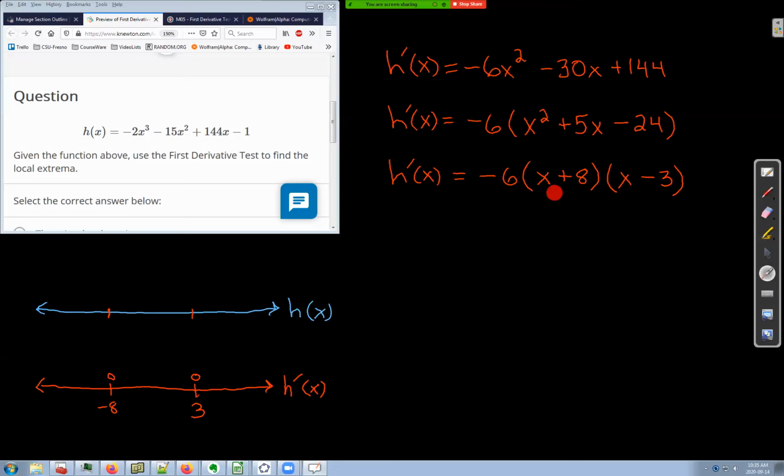It's going to make this negative. And the negative 6 is always negative. So it's going to be a negative times a negative times a negative, and that means it's a negative. So I'm going to put a little negative sign here to indicate that on this region, the derivative is negative.